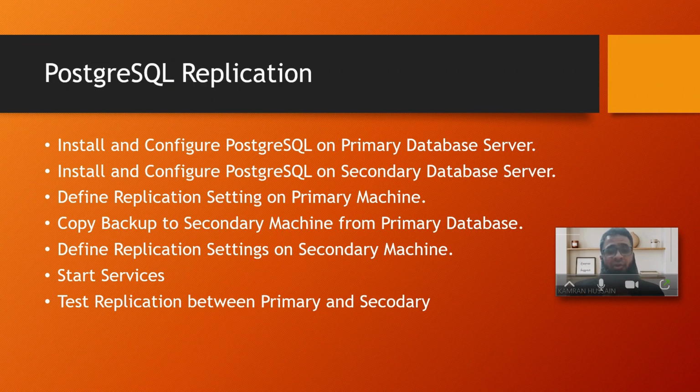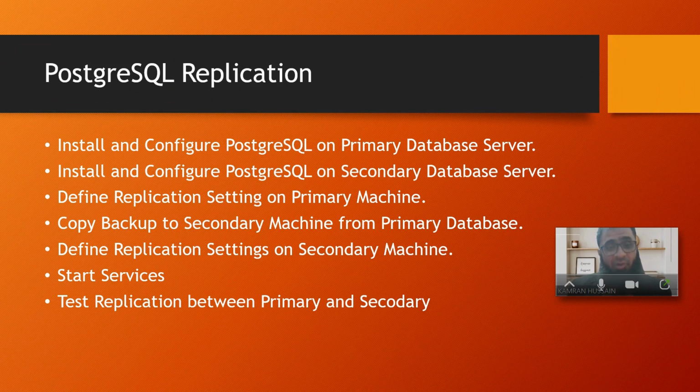So first I will install and configure the primary database server. Second, same thing perform on my secondary database server. Third step, I will define the replication setting on the primary machine. Fourth one, we will perform the backup activity.